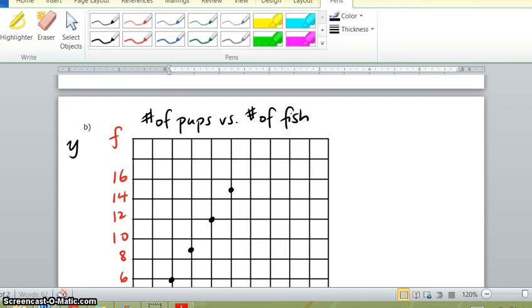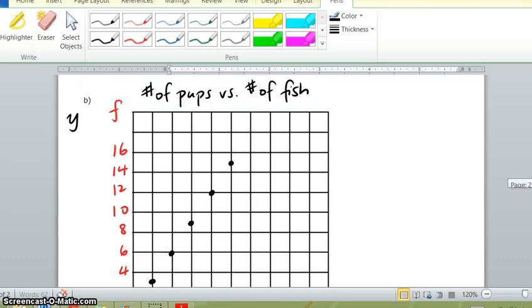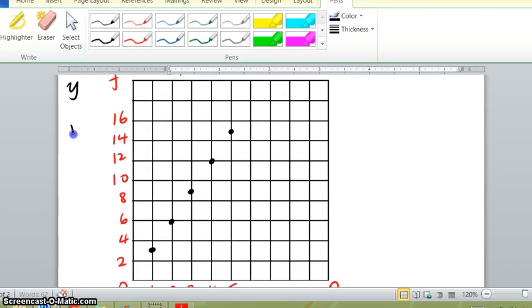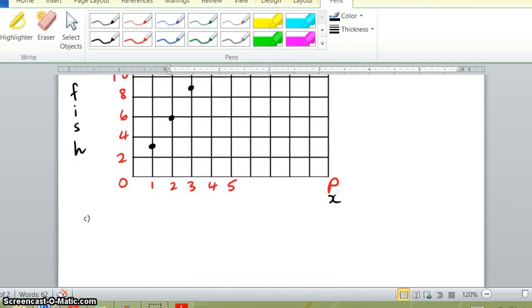And just so we're clear, F is number of fish, and then on the x-axis we have number of pups.